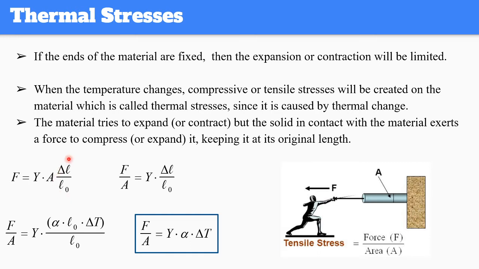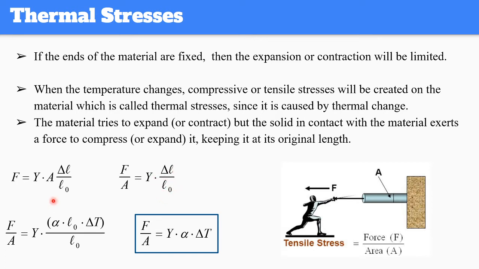And this thermal stress is calculated by force over area, so how much force you have on the cross-sectional area. That is your thermal stress. Once you write this equation for F over A, you have Y times delta L divided by L0.